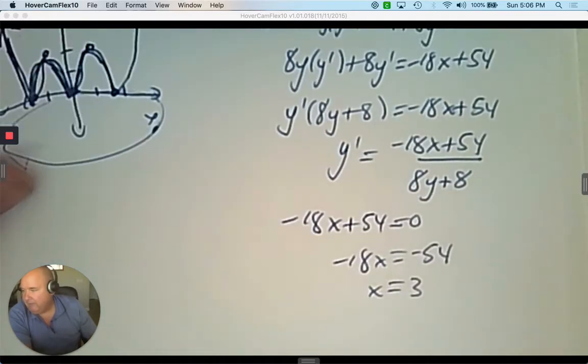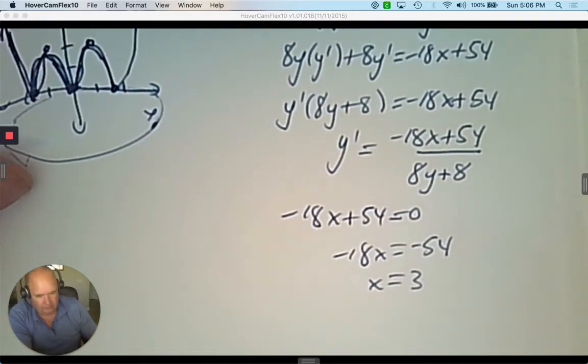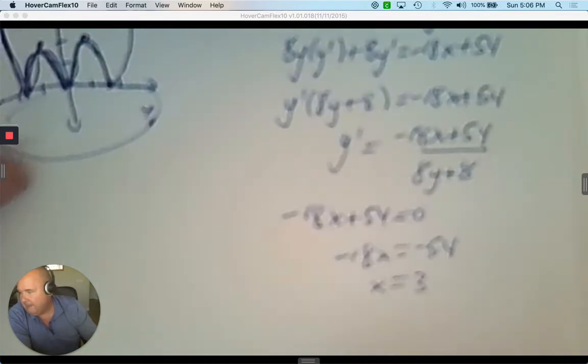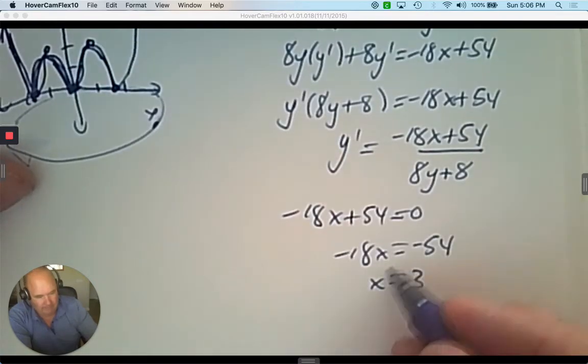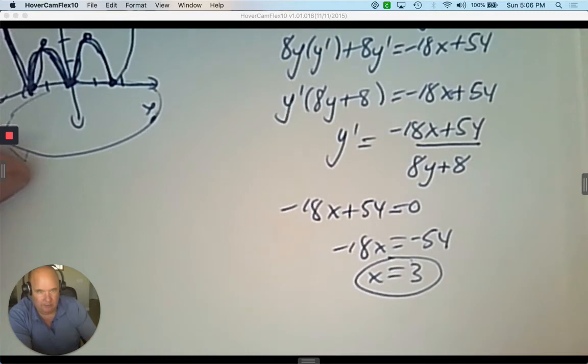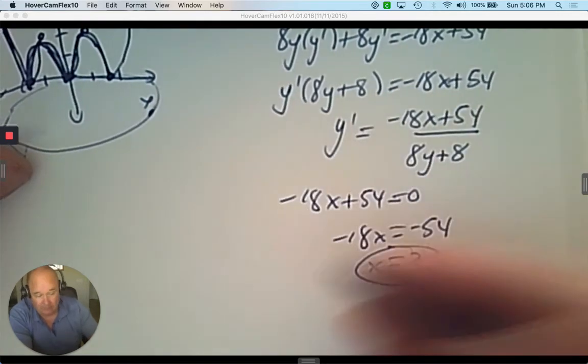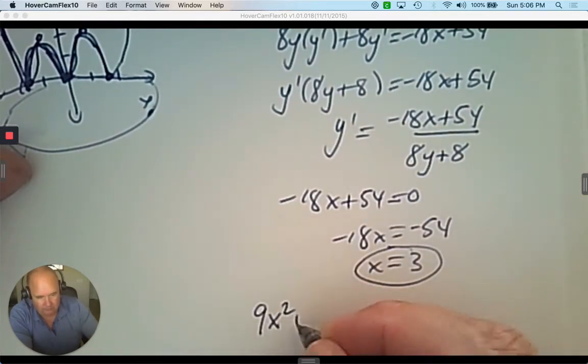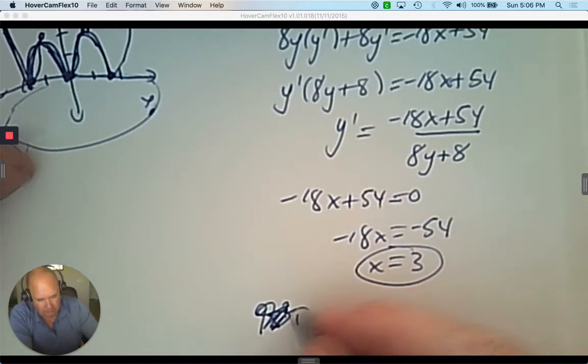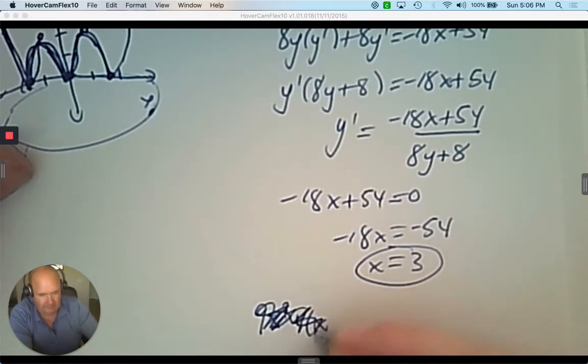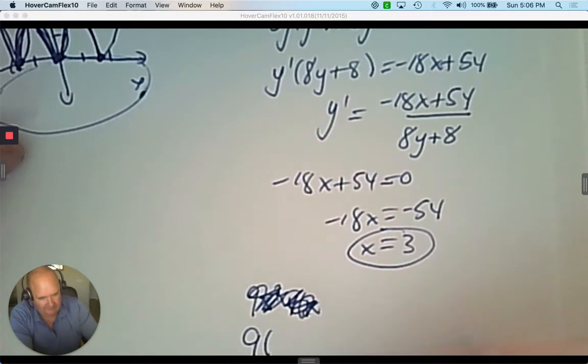And now I want to find what that is. So this is going to be one of the extreme x values, but I need to find the y coordinate that goes with it. So, I'm going to make sure where there's an x, I write 3.